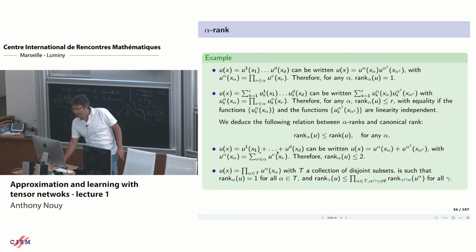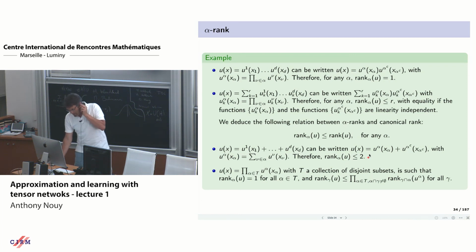You group the different functions that are here in two sets. And written like this, it's clear that the alpha rank of u, because it is a sum of two product functions of groups of variables, is bounded by 2.